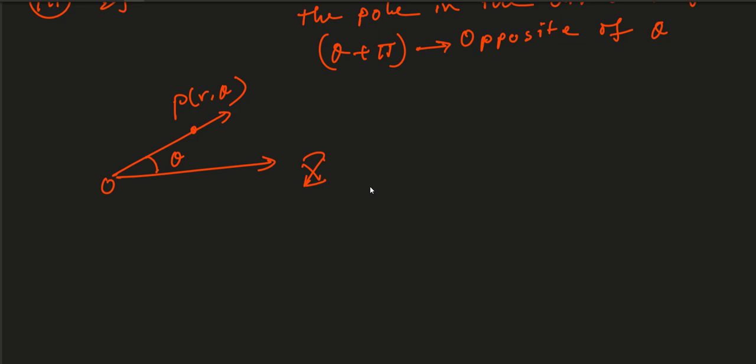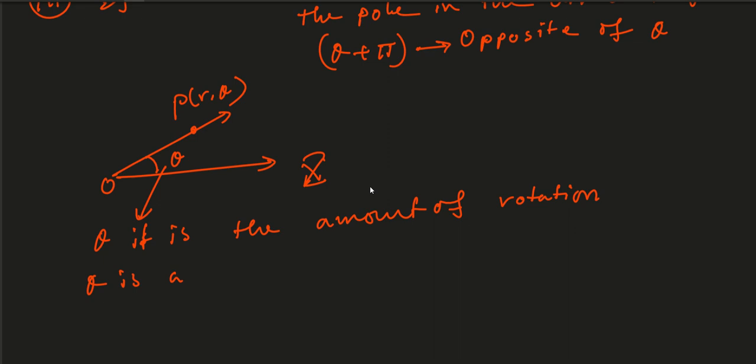So this theta is the amount of rotation, and theta is a directed angle from the polar axis.